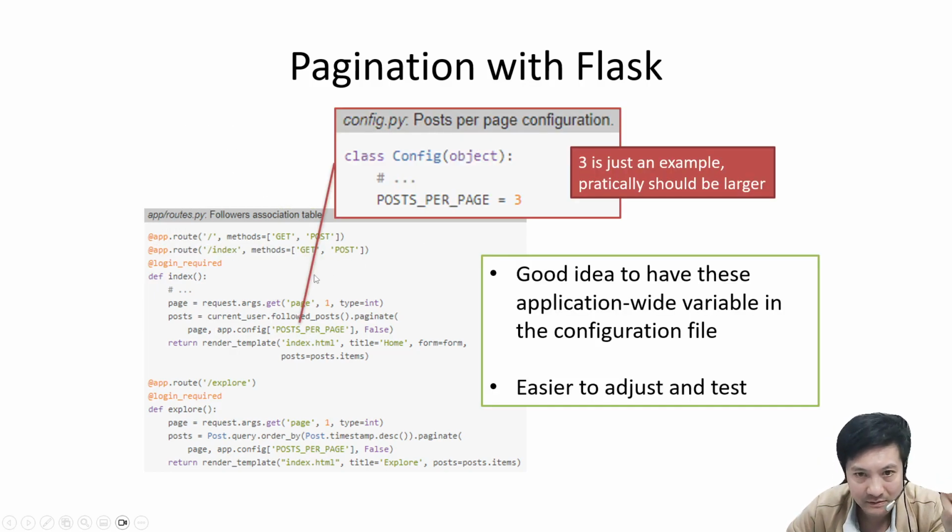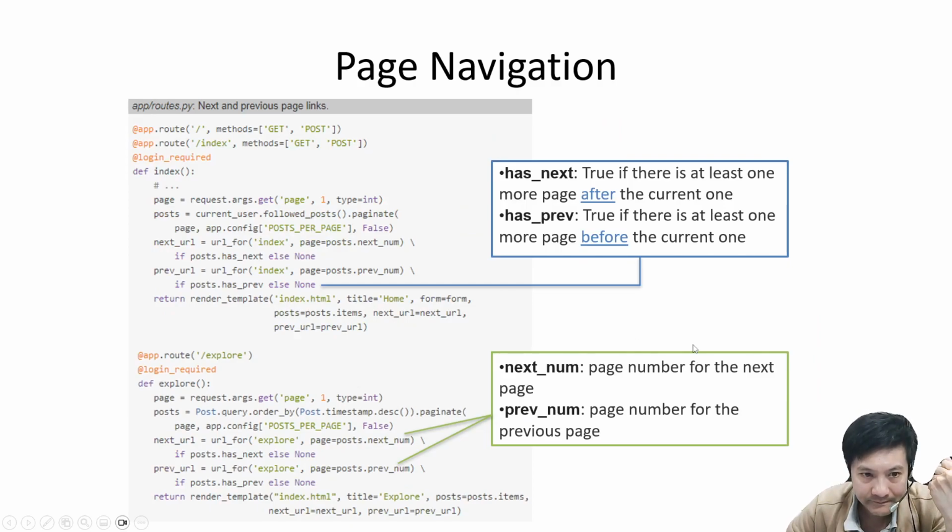For the configuration, the number of pages we will put into the config, since we want to fix it all the time for the website. In other cases we might let the user change it, but for our case it's fixed. And then we want to have previous and next for the page, so the first page, next page, previous page. We just implement a logic here, and then it will generate the page number in the display, in the URL, in the UI.